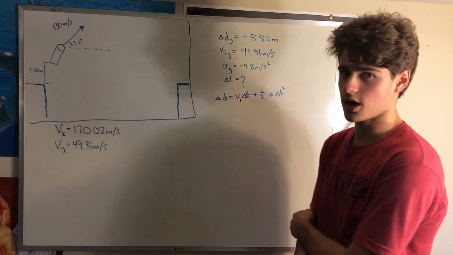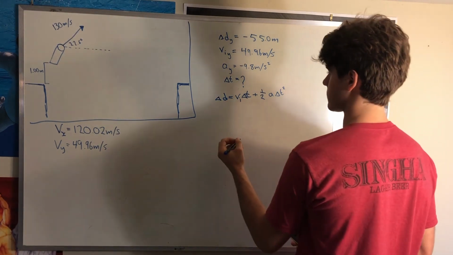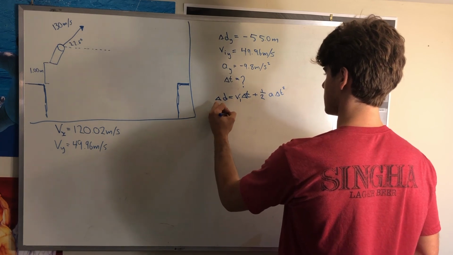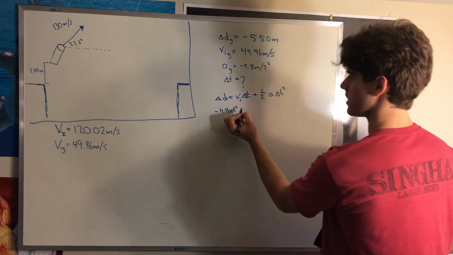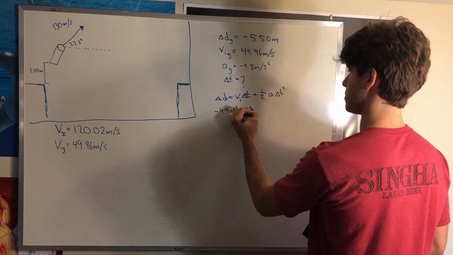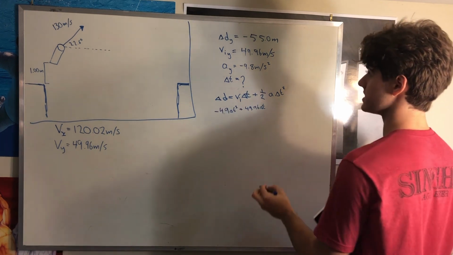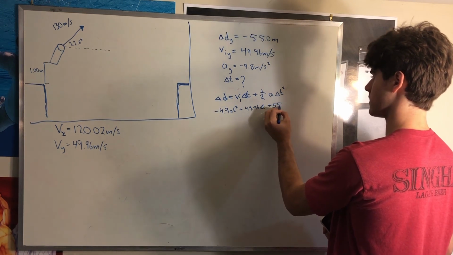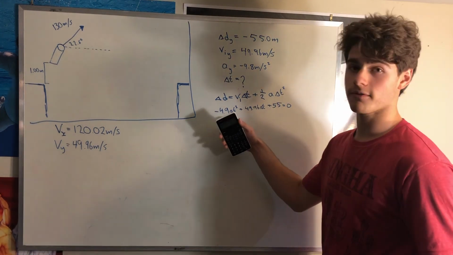It's just one of our equations of motion, and we just got to solve for T. So I could make this negative 4.9 delta T squared, because half of A is negative 4.9. VI delta T, so that's plus 49.96 delta T, and we're going to subtract D, so subtracting a negative gives us plus 55, and this equals 0.